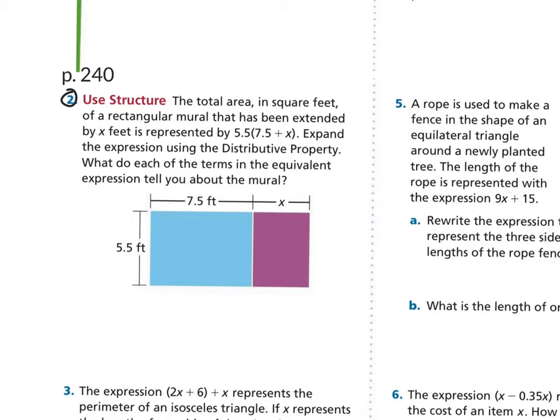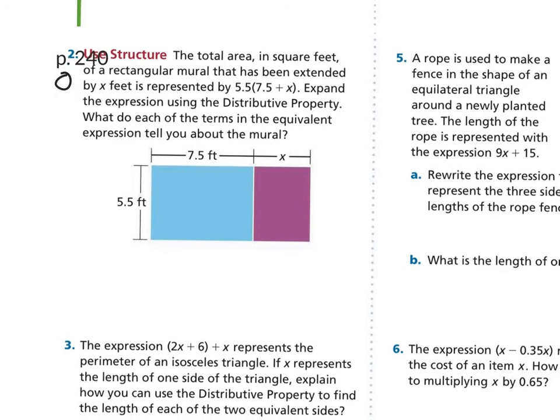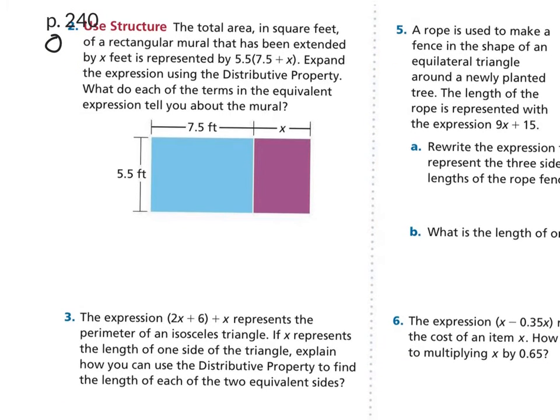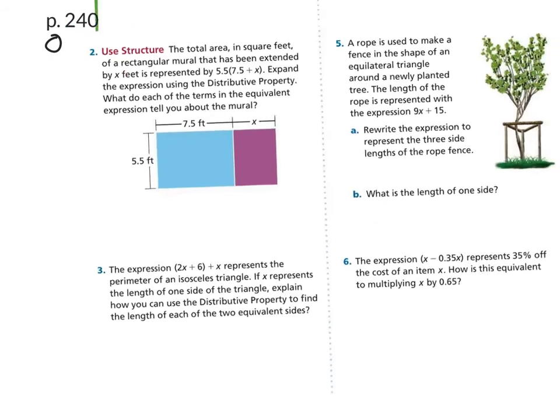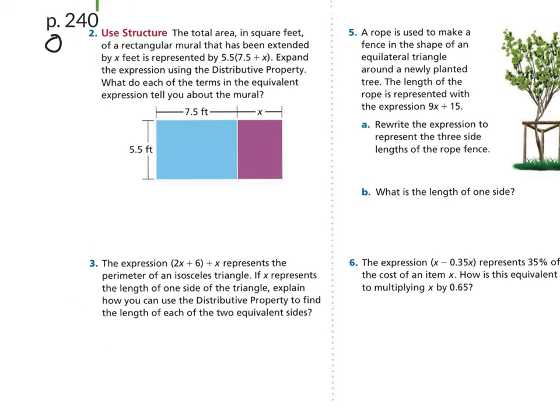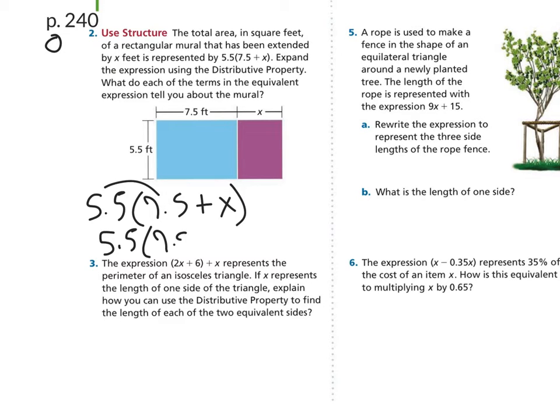So when they're saying expand it using the distributive property, they're basically saying go ahead and distribute, is what that's meaning. So if we do this, we do 5.5 times 7.5 plus 5.5 times x.